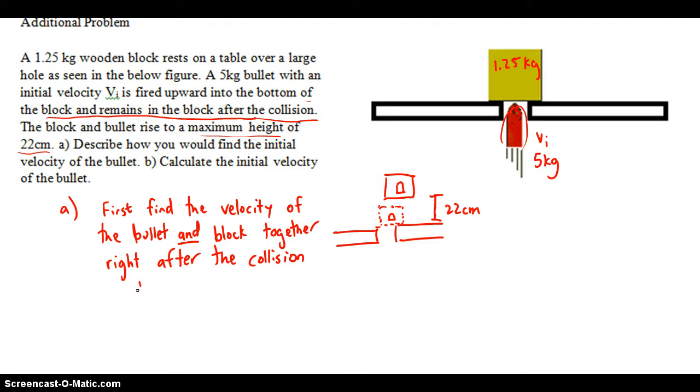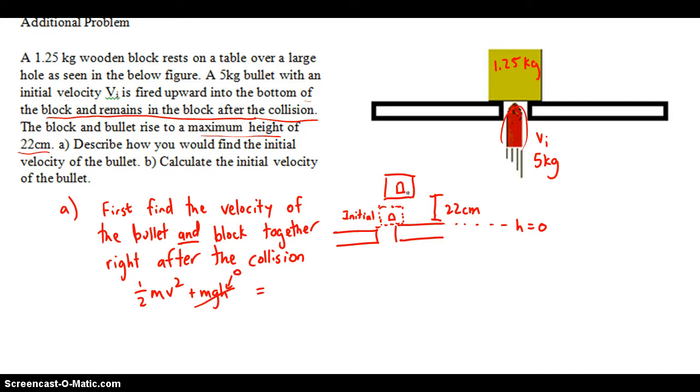Initially, it had 1/2 mv squared. We're going to say initially, its height was 0. So it has no gravitational potential energy at this point. This height is 0 initially, so it cancels out this entire term.